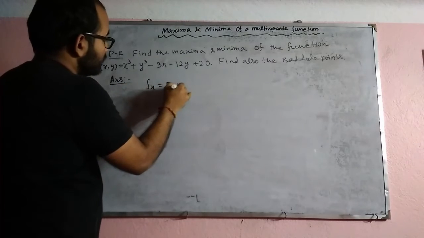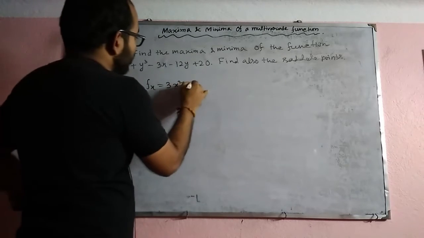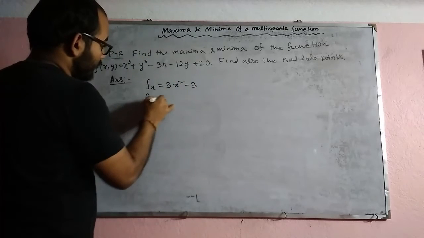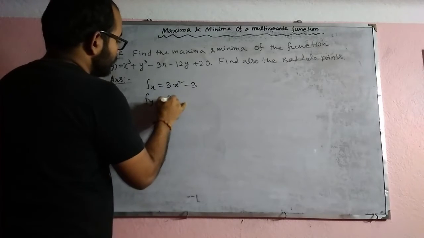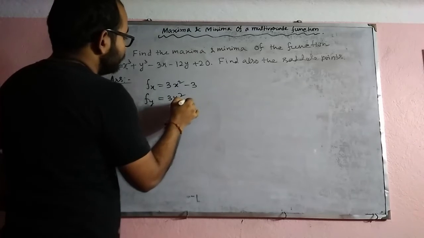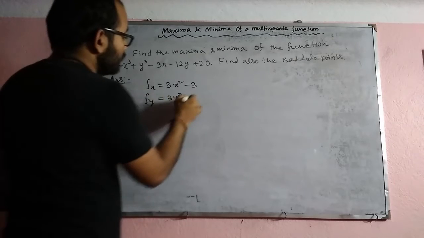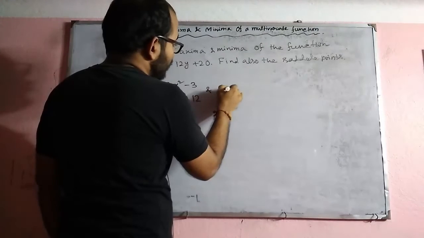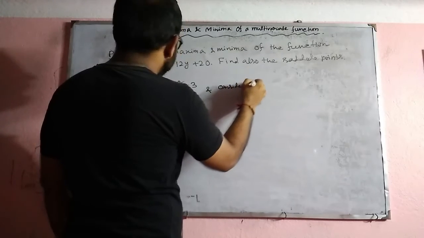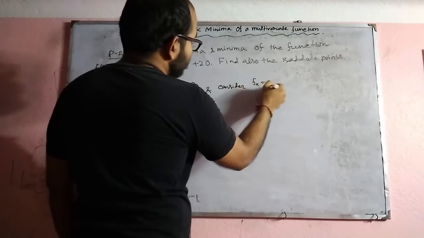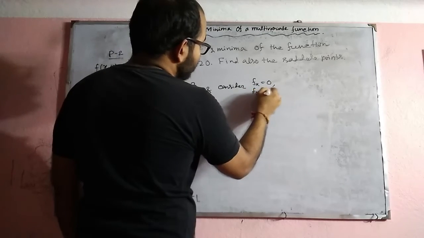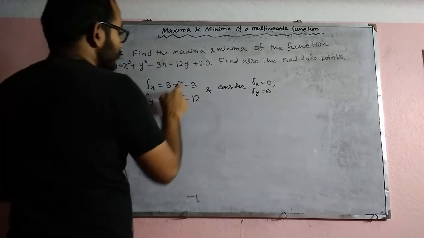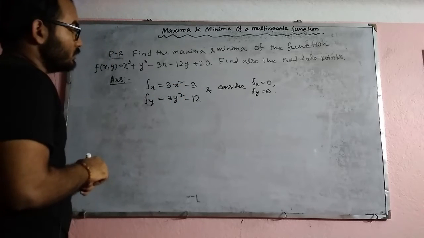This is 3x square minus 3, and fy is 3y square minus 12, and consider fx equal to 0, fy equal to 0. Okay. So we have to solve these two equations.